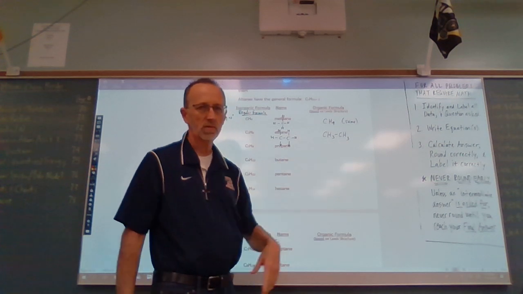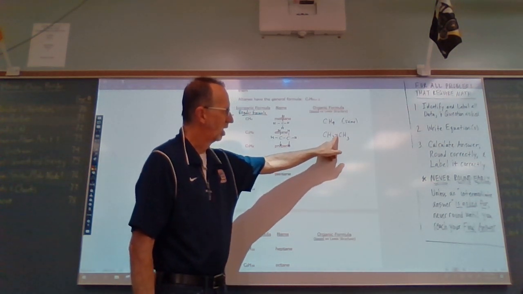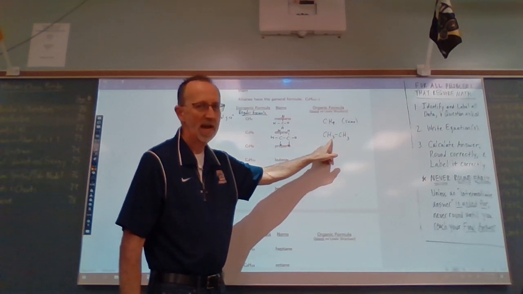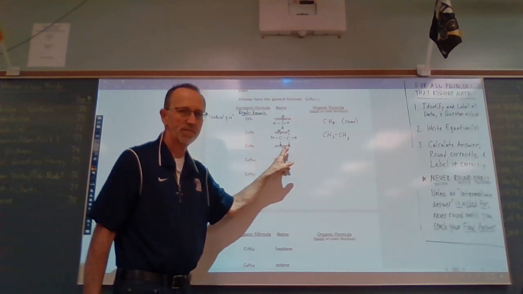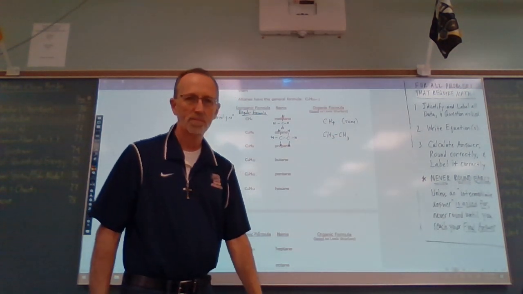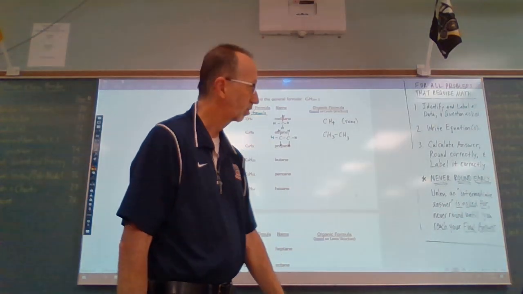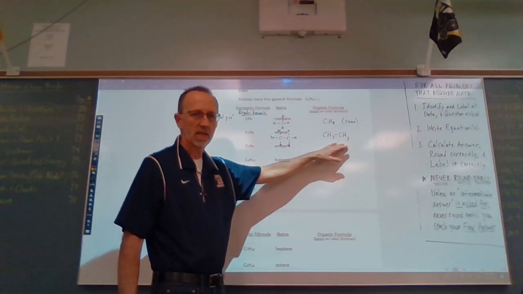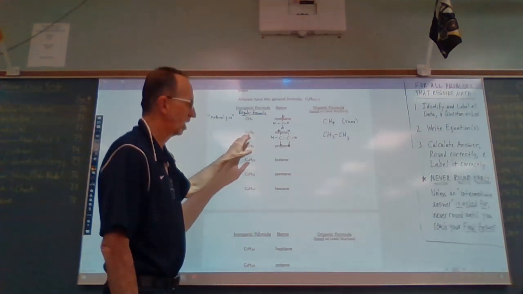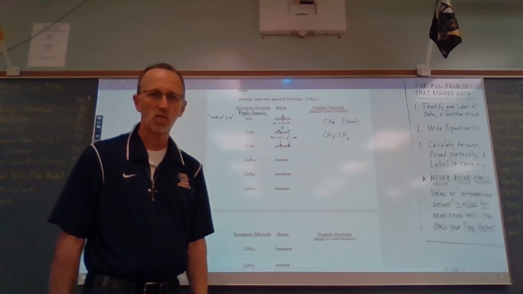Now, don't let that confuse you. We're not saying that this single bond is between this carbon and these 3 hydrogens. That's not true, and you can see that from the Lewis structure. That single bond means that the 2 carbons are bonded together via a single bond, okay, a single covalent bond. So this is the organic structure for ethane. This is its regular formula, all right, C2H6. That's the one you'd use when you put it in an equation.